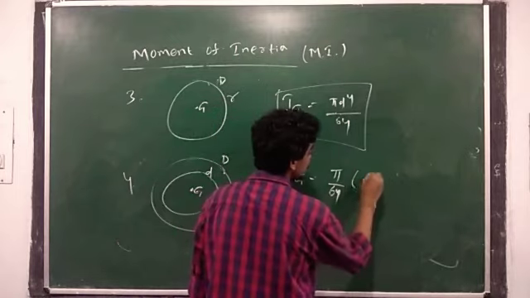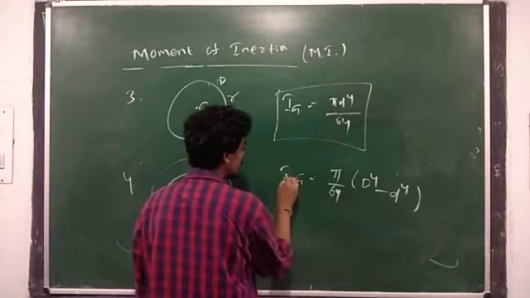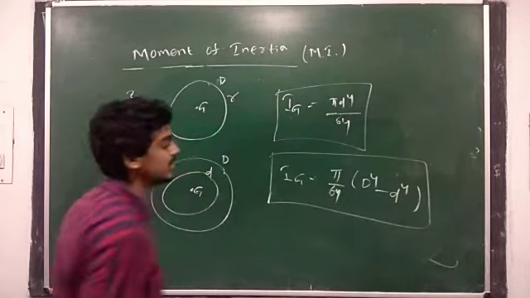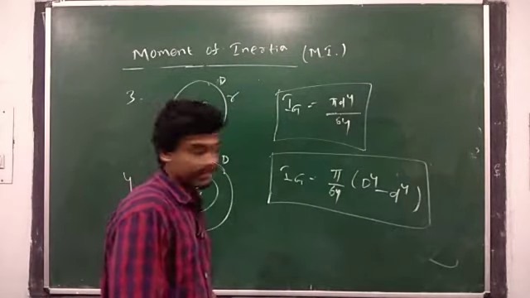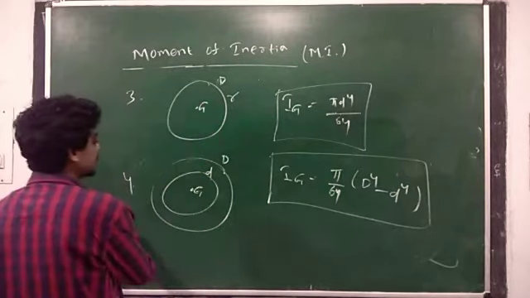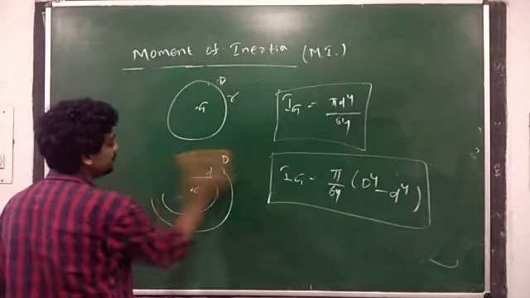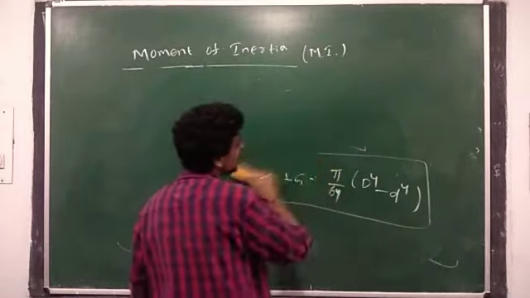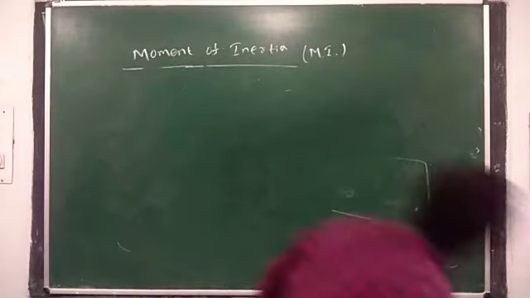The difference is the outer diameter and inner diameter difference we have to mention, that is capital D to the fourth minus small d to the fourth. This is the fourth case. This is hollow circle, this is solid circle. Hollow section, solid section. Hollow means there will be two diameters, one is outer, another one is inner diameter.